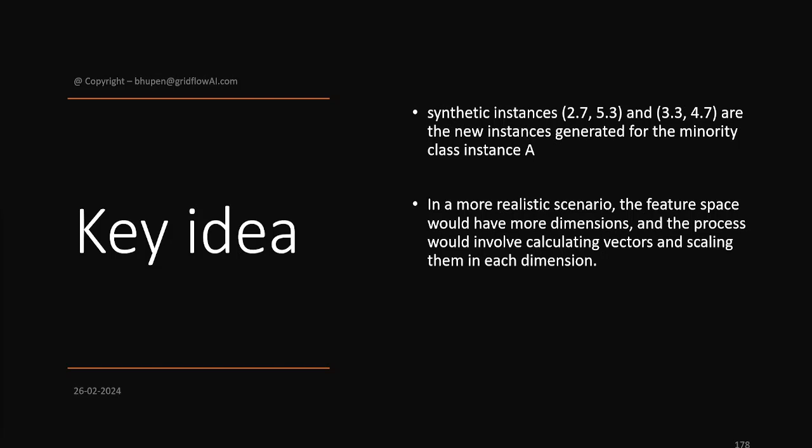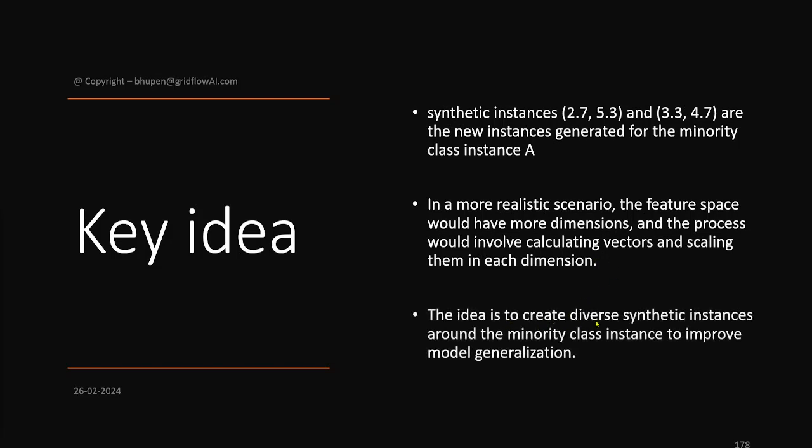The SMOTE algorithm is probably written in C++, and that's how it handles the high dimension data and does the vector addition, computation, subtractions, and all of that. The idea is to create diverse synthetic instances around the minority class.